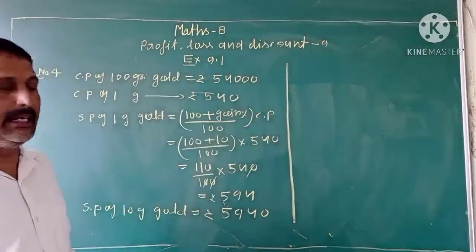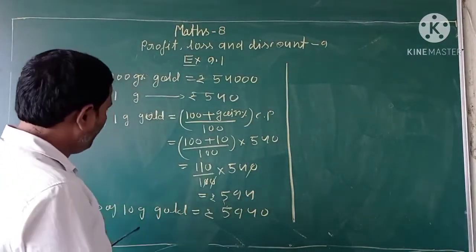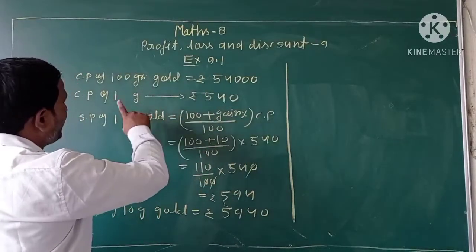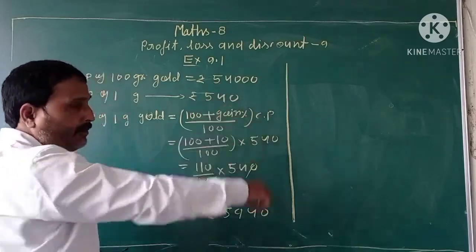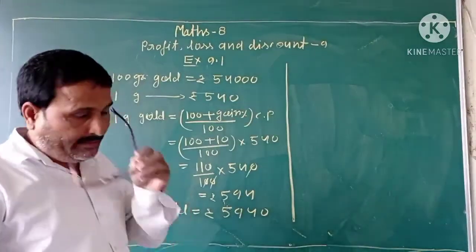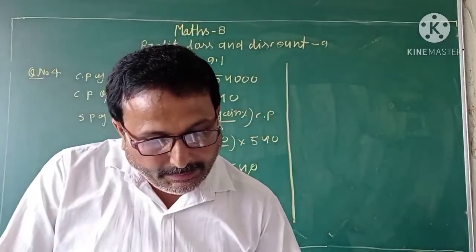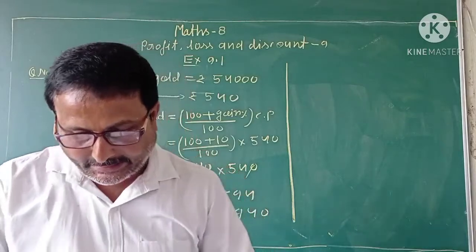Now for the wholesaler, this money will be measured. This is 1 gram gold, 10 gram gold, that will be 5,400. So for the wholesaler, the question is: SP of 10 gram gold for the wholesaler with a profit of 8%.